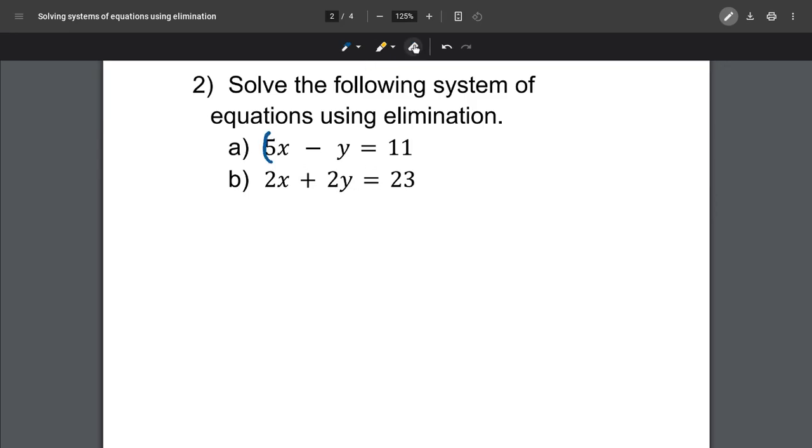But if I multiply the top equation here by 2, so 2 times 5x is 10x. 2 times the negative y is a minus 2y, or plus negative 2y. And then 2 times 11 is 22.